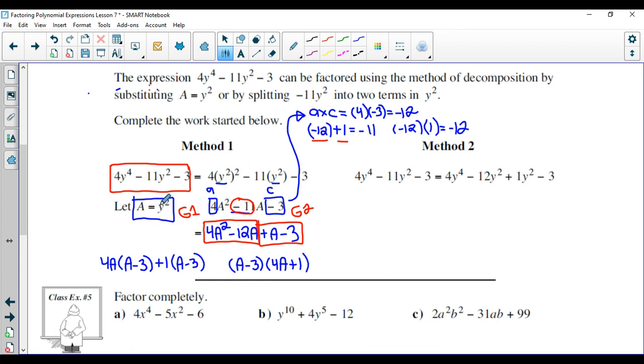So a is y squared, so then we'd replace this with y squared minus 3, and then 4y squared plus 1. Okay, and that's my complete factorization. Now, that's one method, so we can call that method substitution.